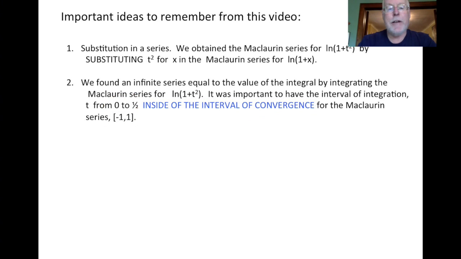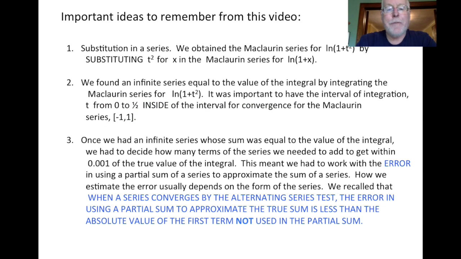Finally, once we had the infinite series whose sum was equal to the value of the integral, we had to decide how many terms of the series we needed to take to get within 1/1000th of the true integral. So we had to work with the error in using the partial sum of the series. This error estimate will often depend on what kind of series you have. We got lucky here.